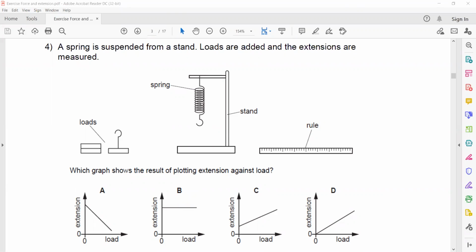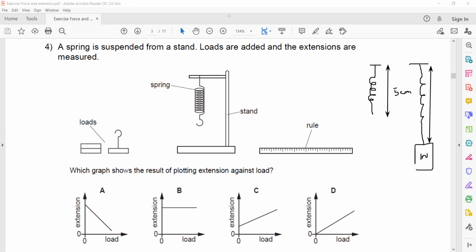So if you have a spring, for example, original length is 5 centimeter. Now what you did, you add a load of 1 Newton and it is 7 centimeter.